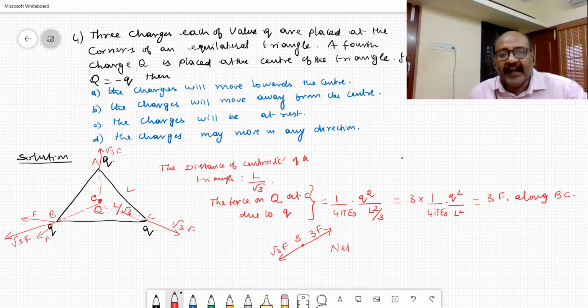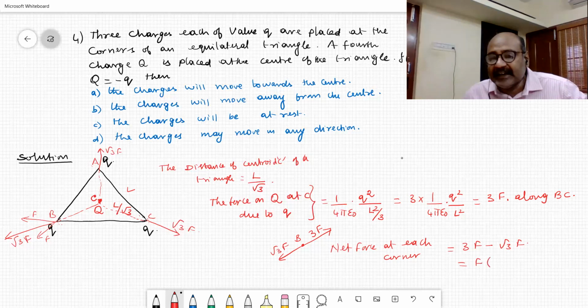So what is the net force at each corner? The net force at each corner is the difference between the two forces. That is 3F minus root 3F. So I can write F into 3 minus root 3, along BC.